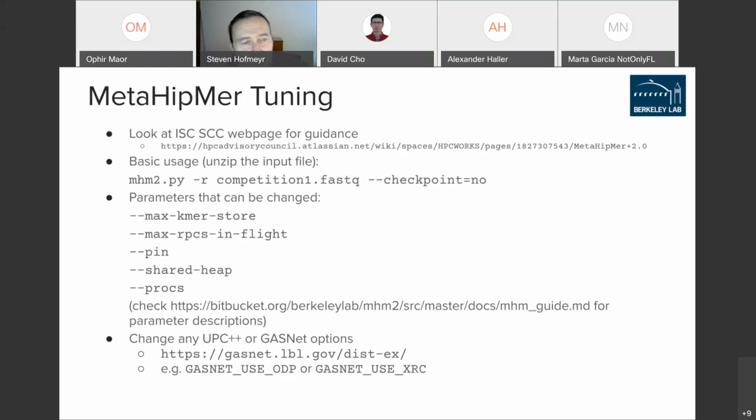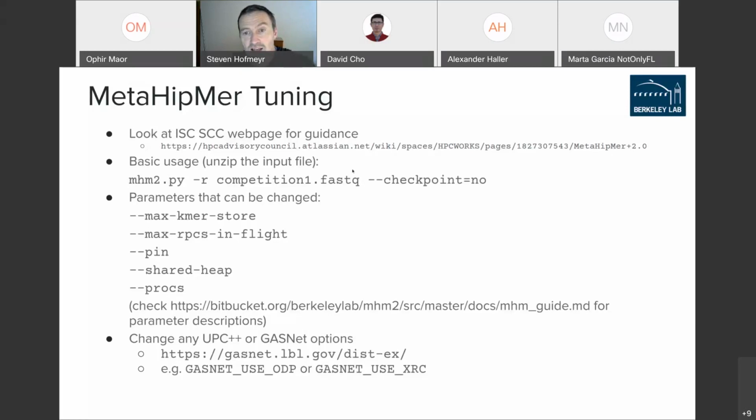The basic and default usage of MetaHitmer is all you should need. You just run the Python wrapper script, and you pass it the -r and the file name. You will note that the competition file is a zipped file, and you need to unzip that. MetaHitmer does not take zipped files as input.